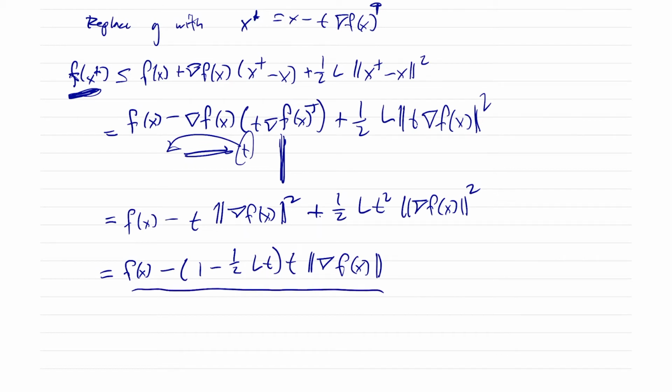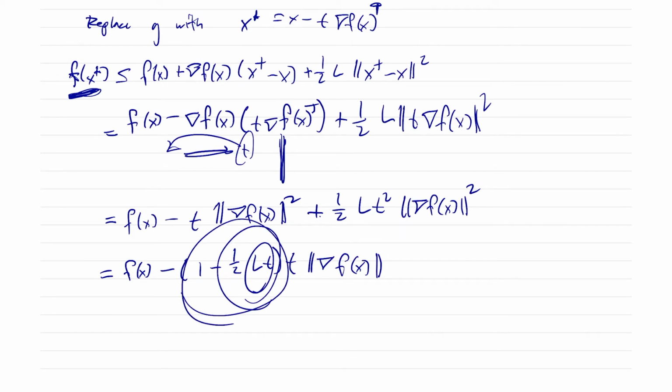One positive thing is that it looks like it's going to be less than f minus some positive quantity, because t is less than 1 over L, so this whole quantity is less than 1/2, which means that this is positive, which means that this whole quantity is positive.